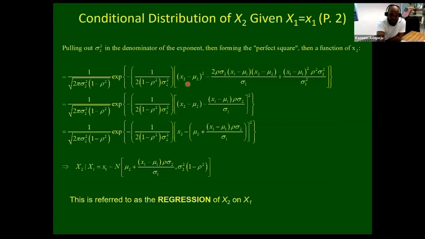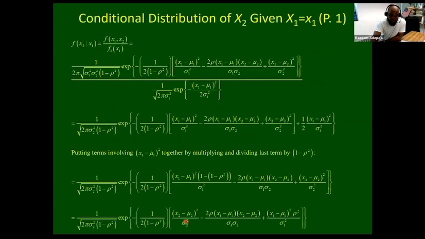Initially, there was a sigma 2 squared here, right? If I bring this guy out, I'm going to do some math here and also some math here. Let's make an attempt. Bring a sigma 2 squared out.